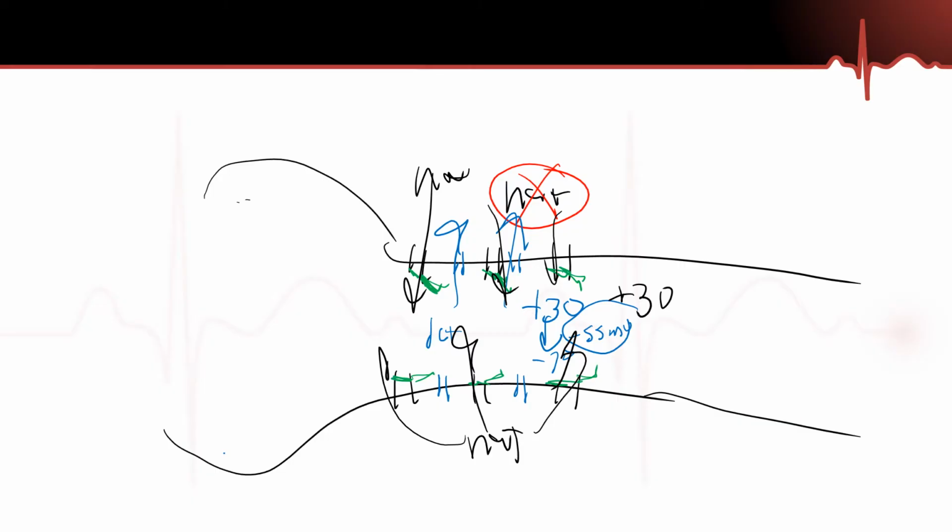It would kill the neuron. You need the neuron to move from positive 30 and get all the way back to negative 70 millivolts without the voltage-gated sodium channels opening again. And that's the purpose of the inactivation gates.